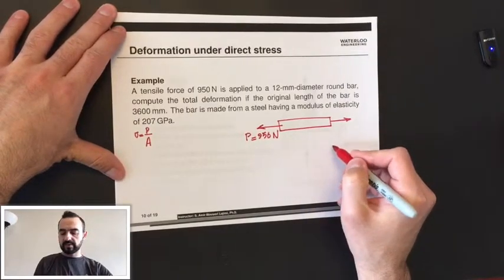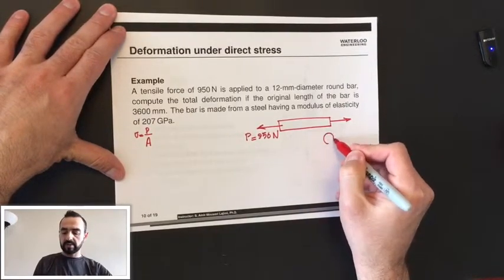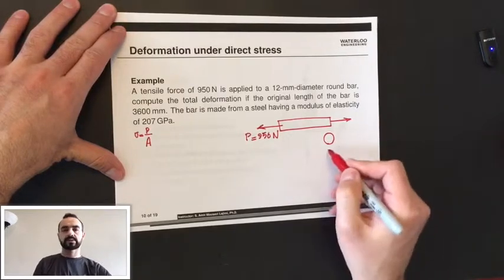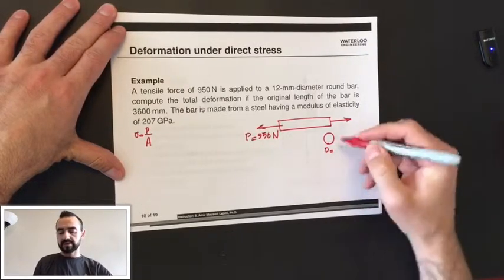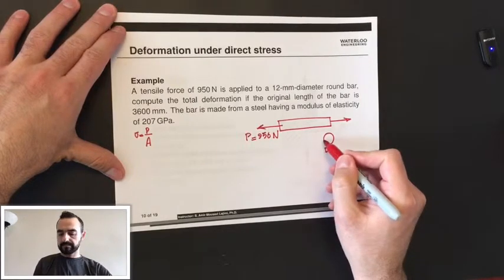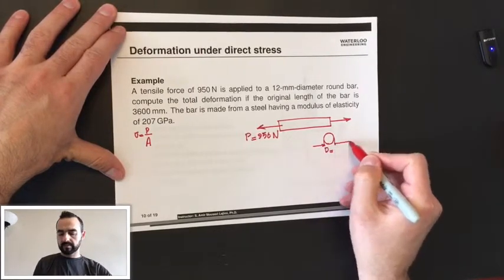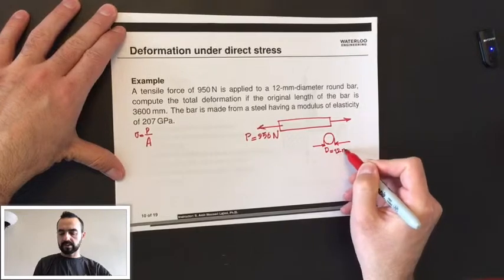This is the cross section of the bar, a round bar. The diameter is 12 millimeters.